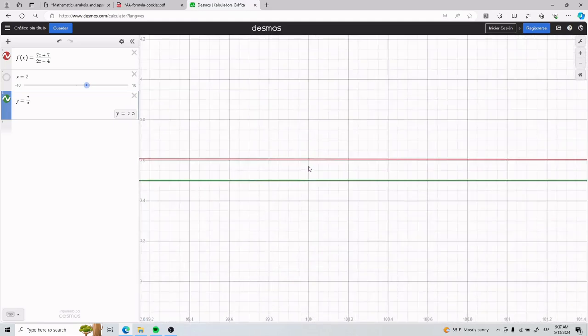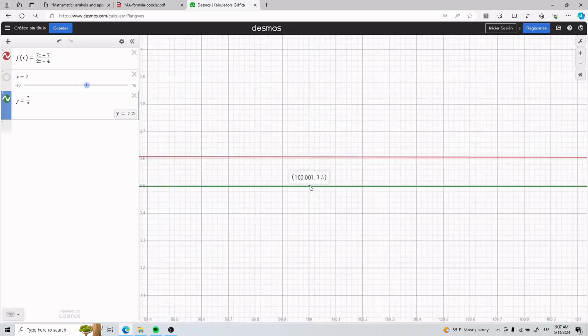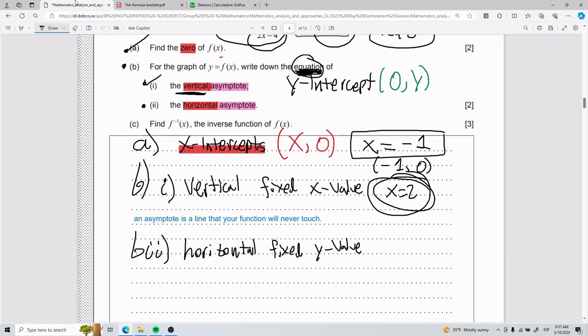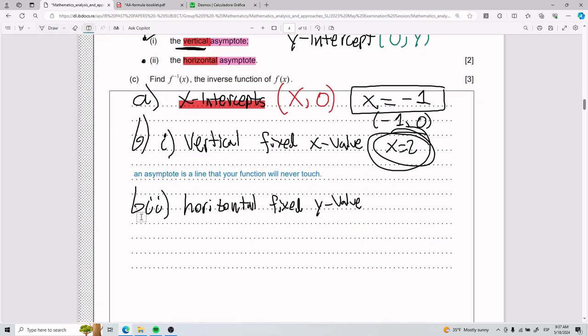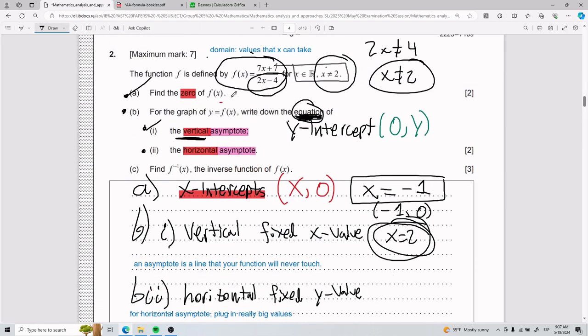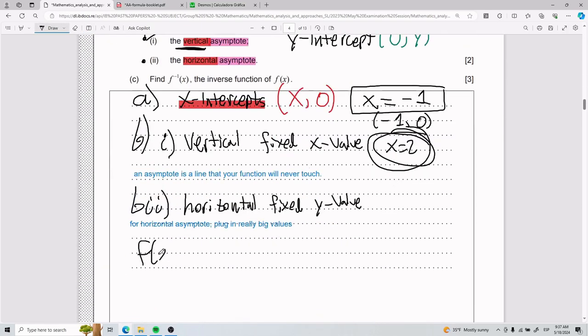And it's going to be pretty apparent what number you're close to, what number you almost reach, and that is going to be your horizontal asymptote. So for the horizontal asymptote, plug in really big values.